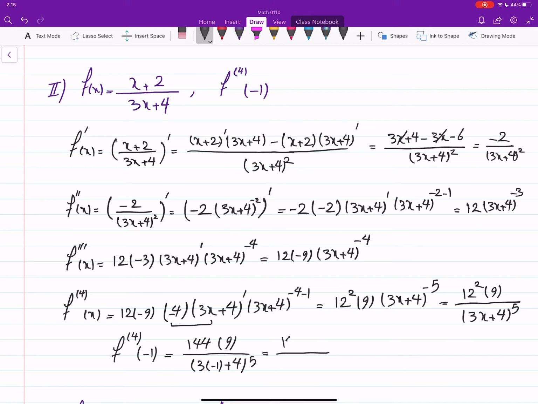Okay, you can multiply, you get numbers there, but 4 minus 3 is 1. 1 to the power 5 is 1. This is 144 times 9.